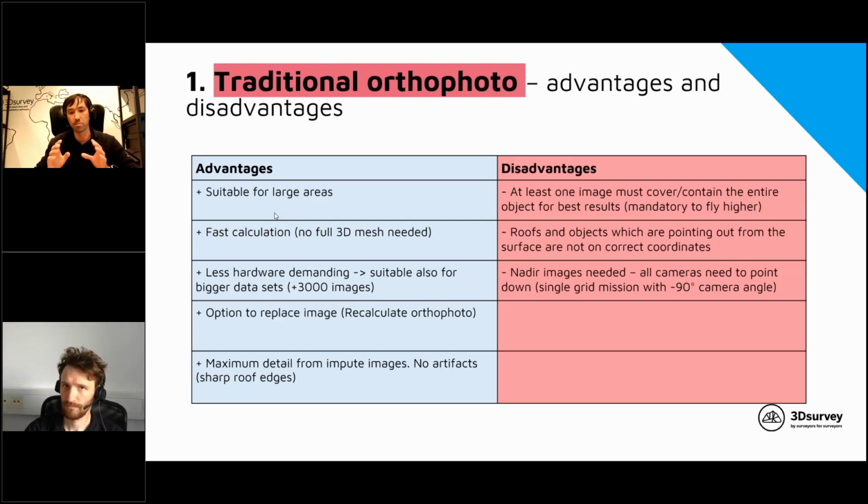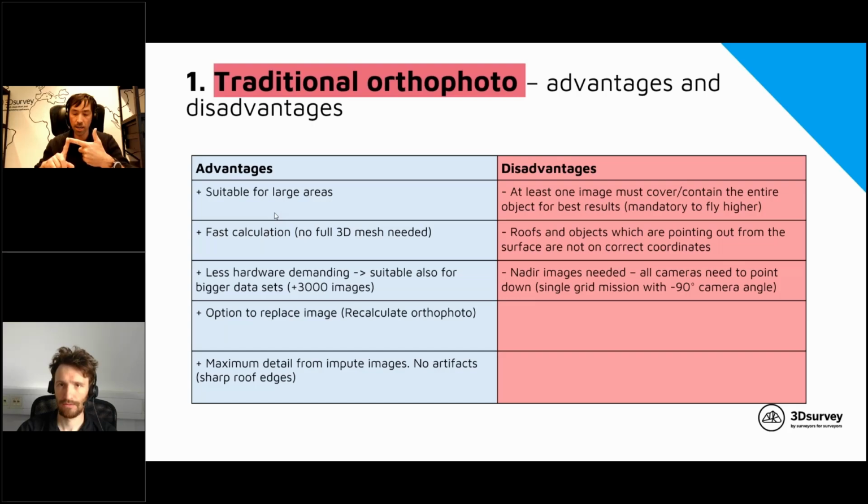This is mainly relevant if you have buildings or bigger halls or anything like that. So if you are able to capture images in such a way that the complete house is on a single image, then the traditional orthophoto will also look nice at the end. Otherwise, you will have some blurry passes where two images are glued together. Okay, so this is the first negative aspect.